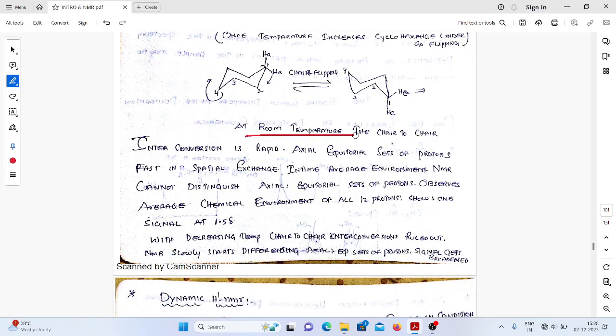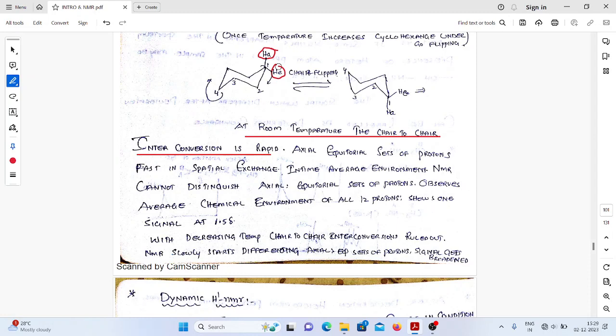At room temperature, chair to chair conversions are rapid, so a large number of interconversions take place. Because of the many chair to chair interconversions, we cannot recognize axial and equatorial sets of protons separately.